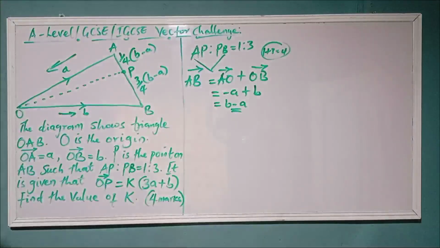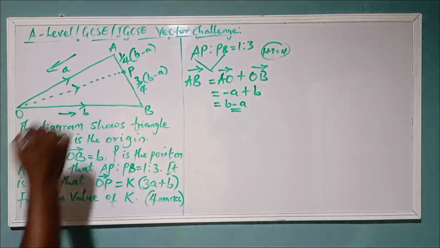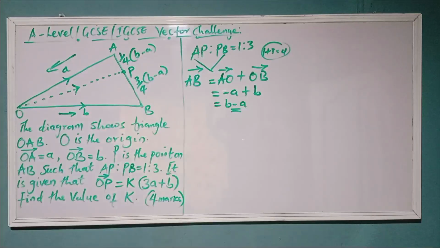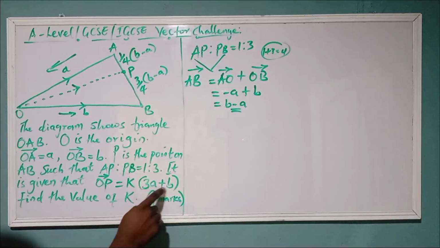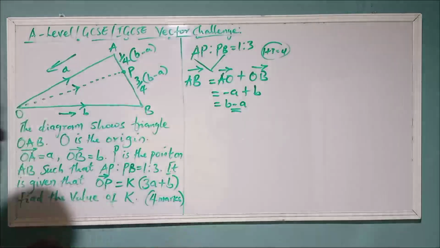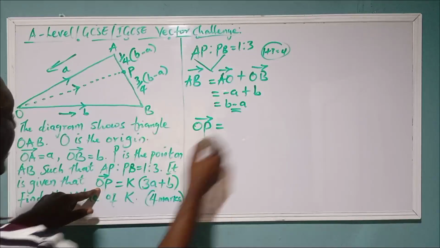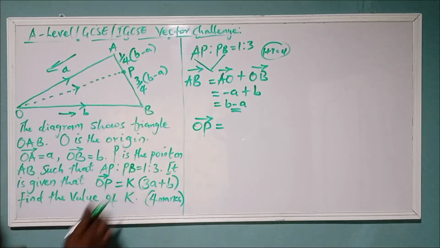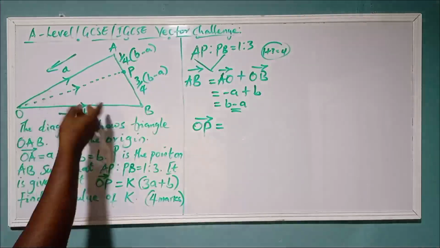Now, what they want us to do, let me make this a vector as well. When they ask us to work out OP is equal to K(3A plus B), where K is what we should look for, it means that we will first look for the vector OP, and then we will compare it with this to find the value of K. OP is almost at the middle here. That means I can follow 2 directions.